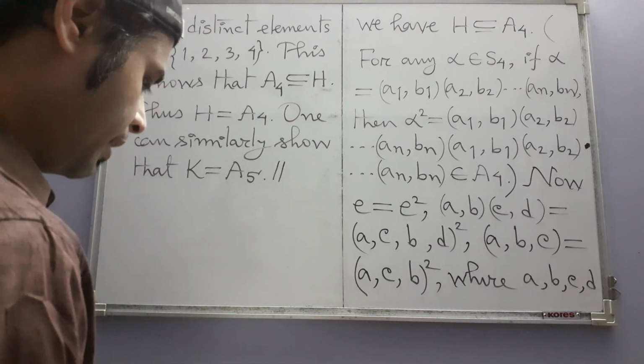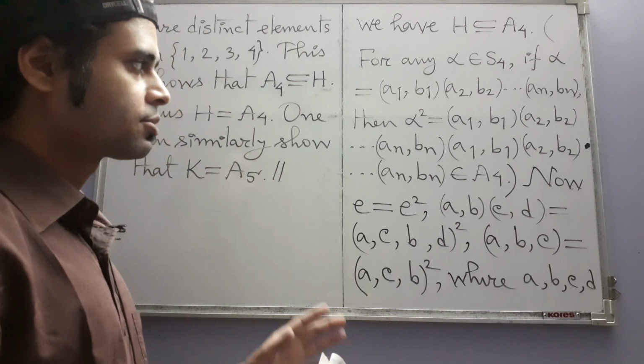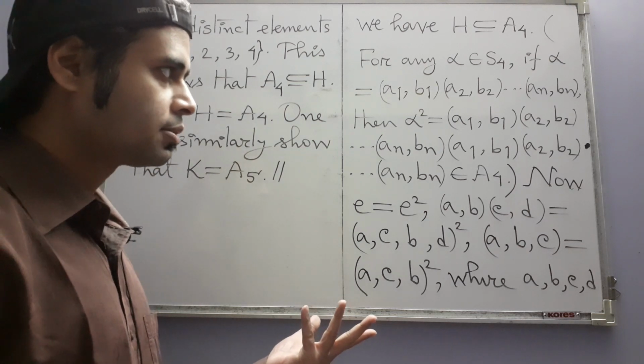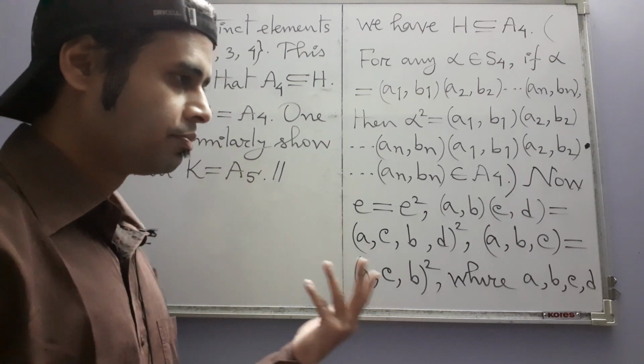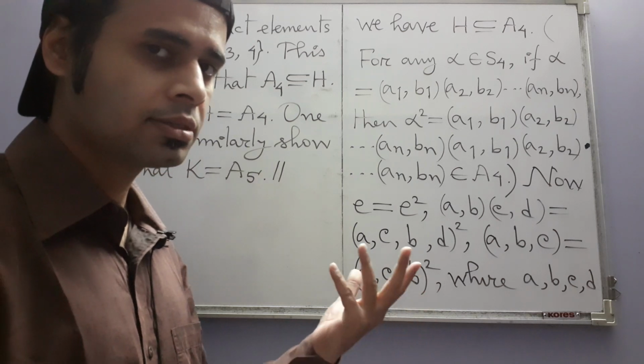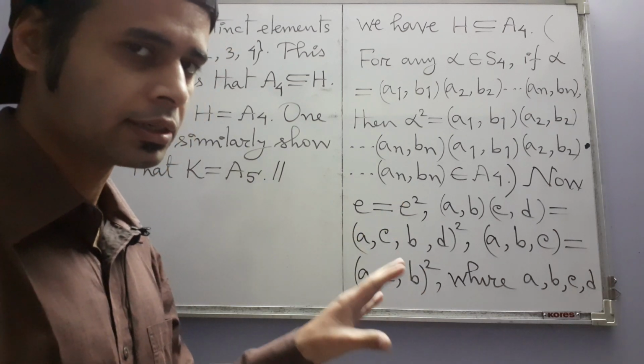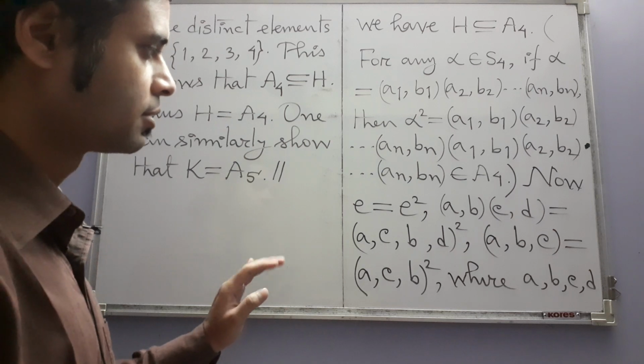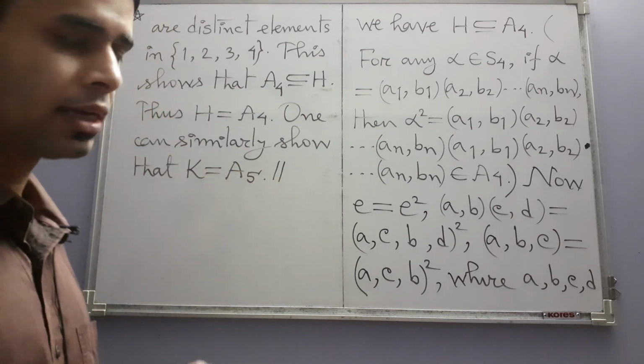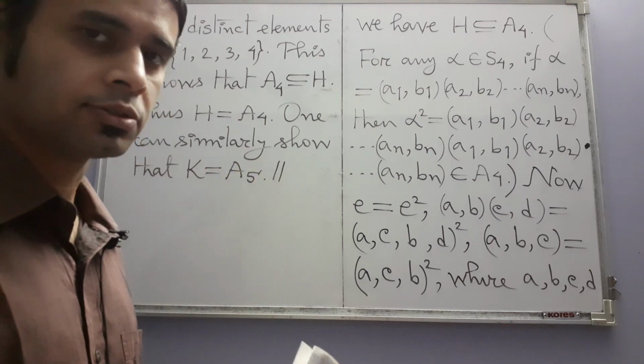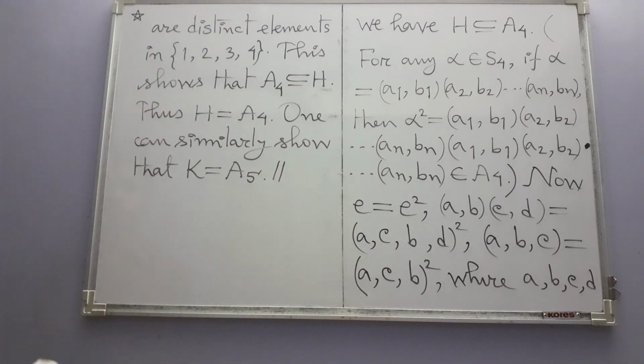So for S4, it turns out that the square of all the elements gives us A4, the alternating group, all the even permutations. For S5 also that is happening, but in S6 that does not happen. So that is the next problem.